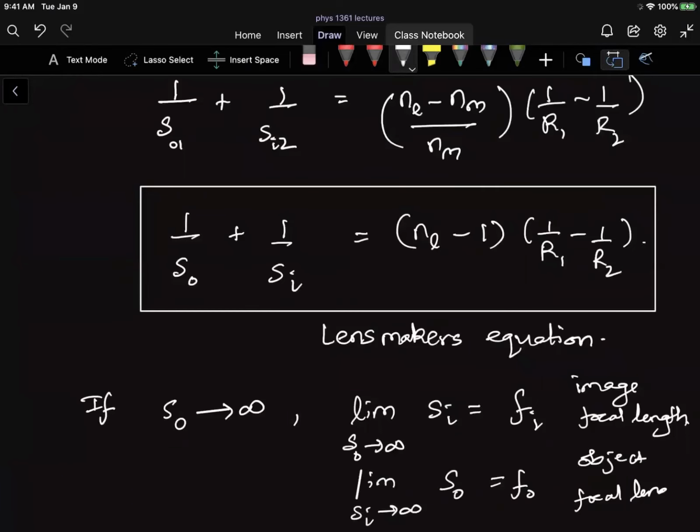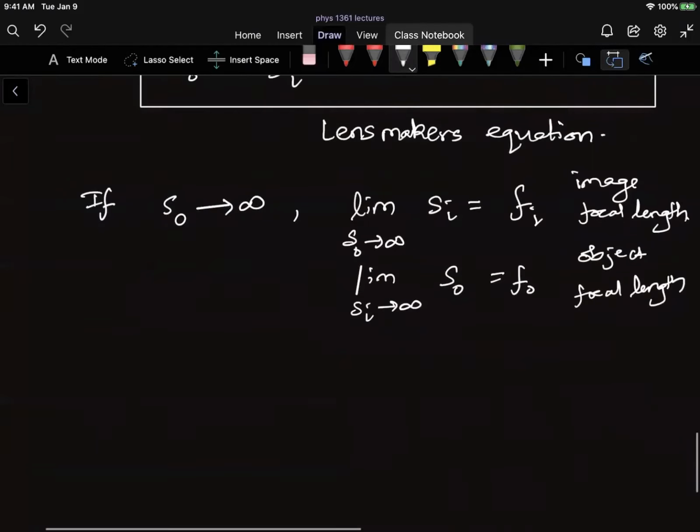But from this above equation, we can see that in either case, when one of these two goes to infinity, F_O and F_I are going to be equal, and we call that the focal length.